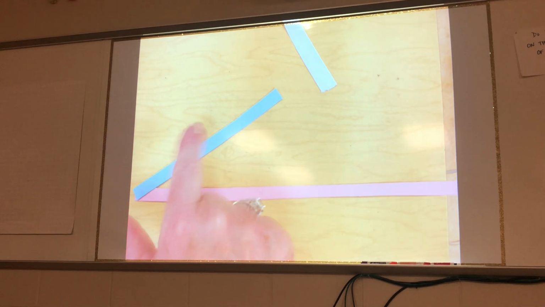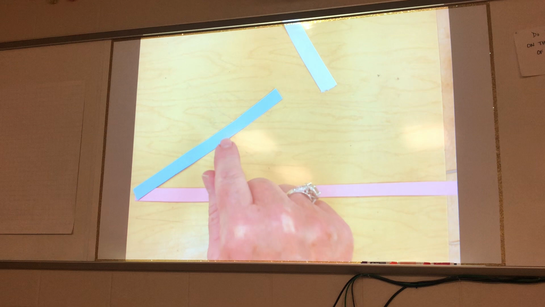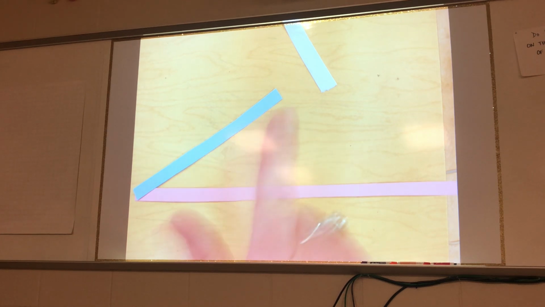This angle is my given angle. Can I change it? No. This blue is a given side. Can I change it? No. The other side is going to come from your white piece of paper.